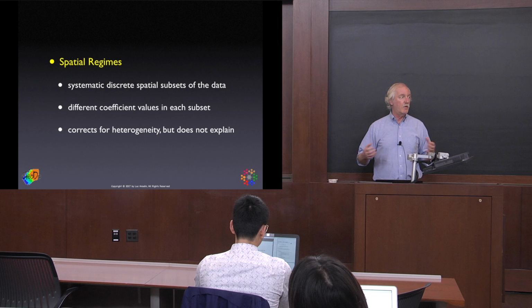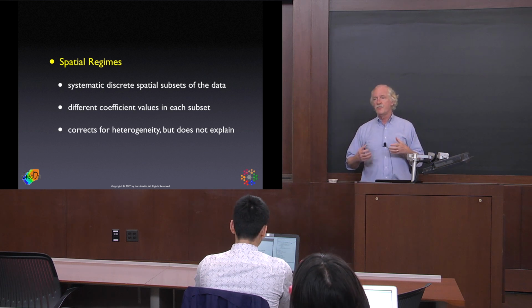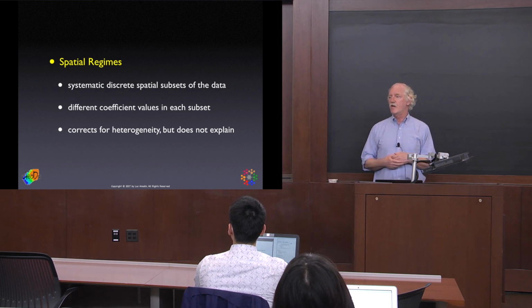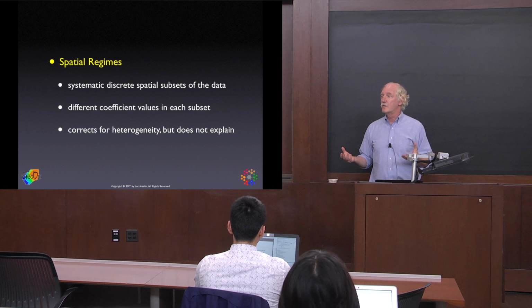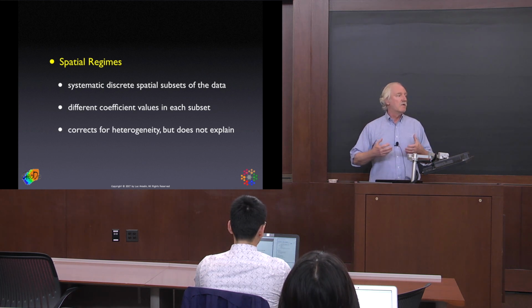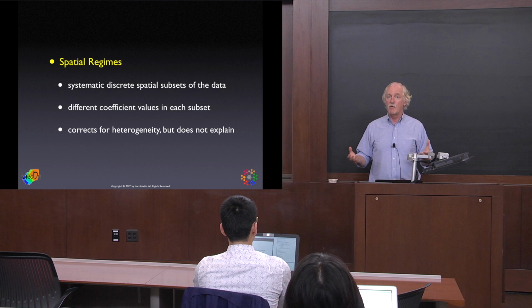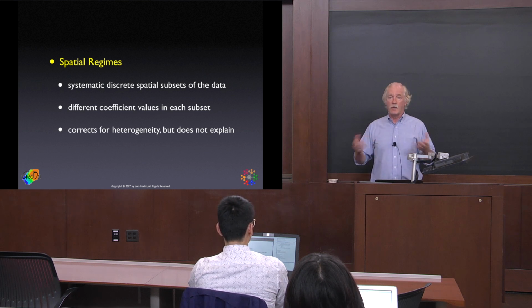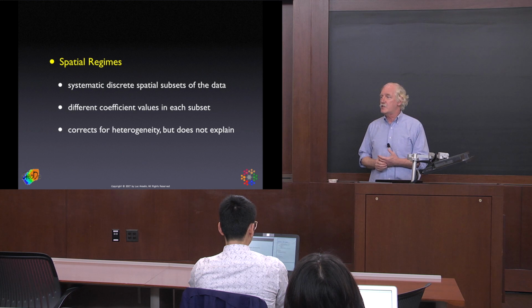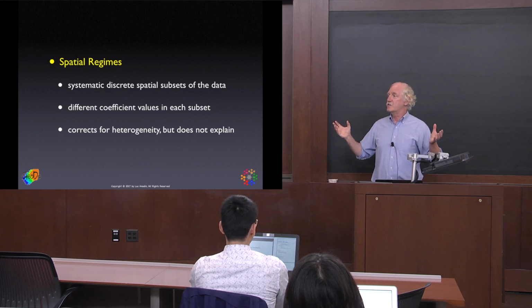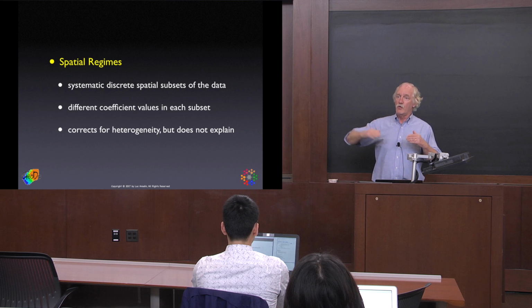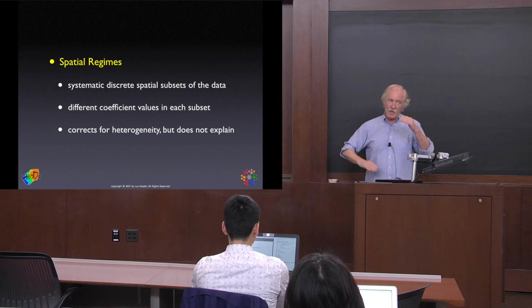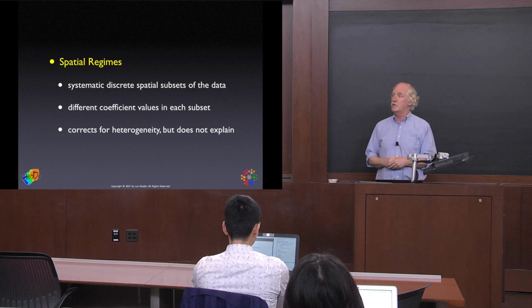For example, in a lot of labor market studies, you have the Appalachian effect. In Appalachia, there is less labor force participation. Why is that? It's very complicated, right? But if you run a model with, say, an indicator variable for Appalachia, you've got it fixed, right? You show that, everything else being the same, there is less labor force participation.